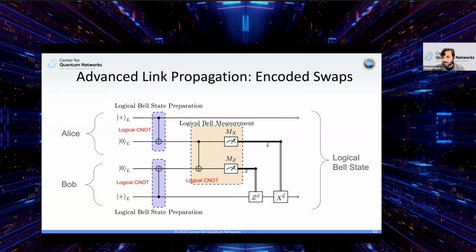But this is an entire field in itself where we try to find nicer codes where we have access to nicer operations. But on a more abstract level, if we have access to these logical CNOTs and logical rotations, we can do these encoded swaps and have an effective logical state prepared between Alice and Bob.